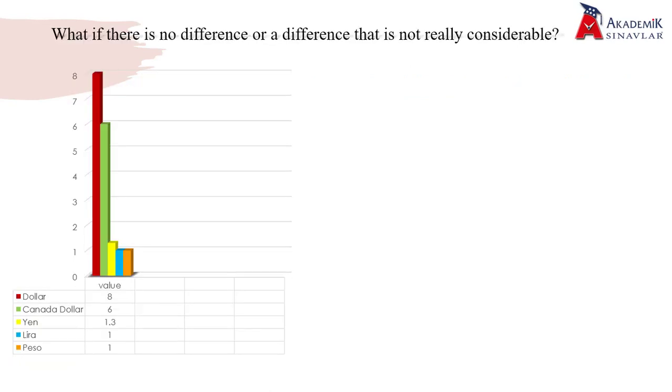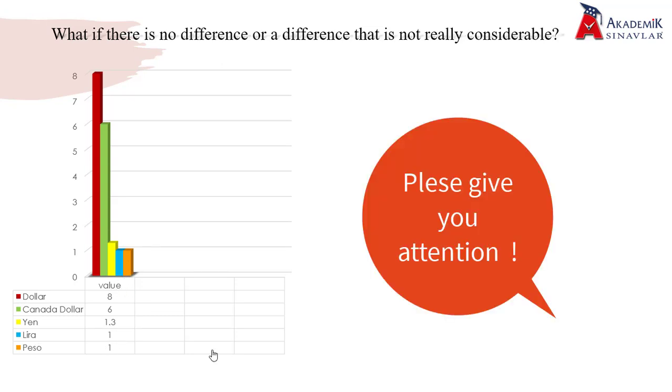Up to here, we just talked about the cases in which there are differences. But what if we face similar data? As you can see about lira and peso, each with the value of 1. Sentences such as the value of lira equals that of the peso, or the lira and the peso have equal values are true examples, but not very academic.